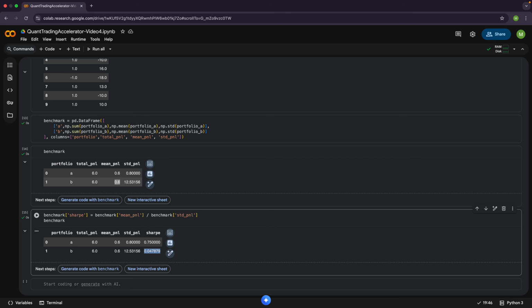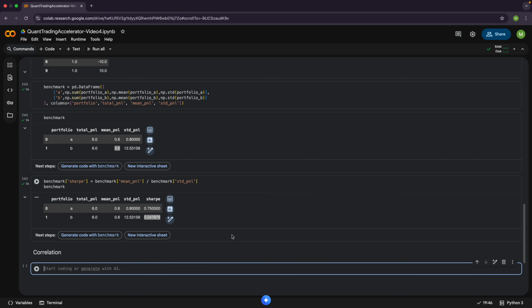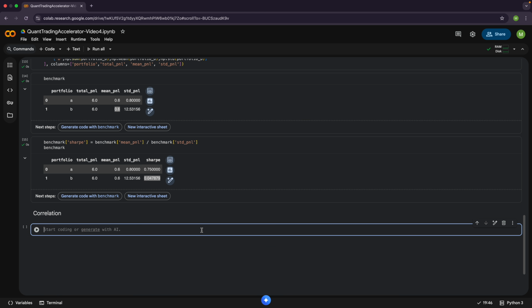So that's just some of the basic statistics. Another very important measure for a time series is the correlation. The correlation is either positive or negative.